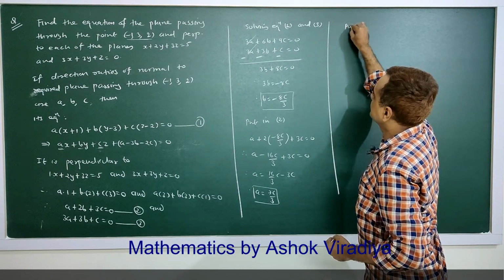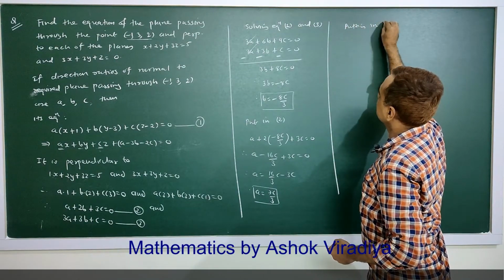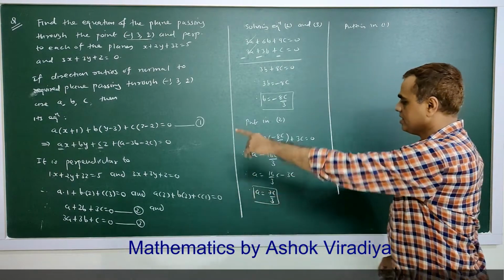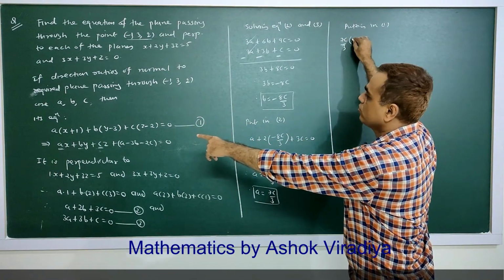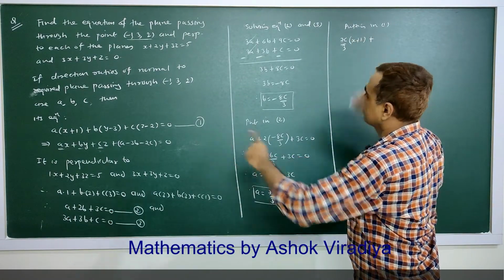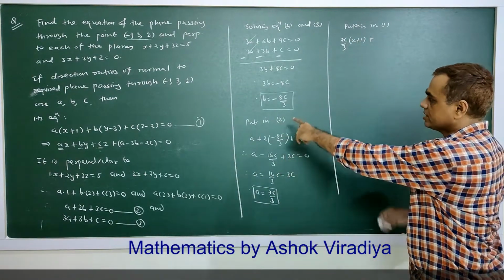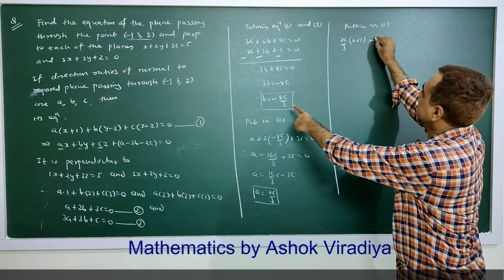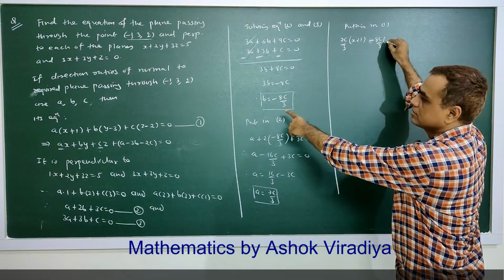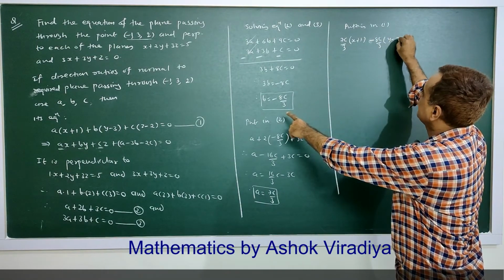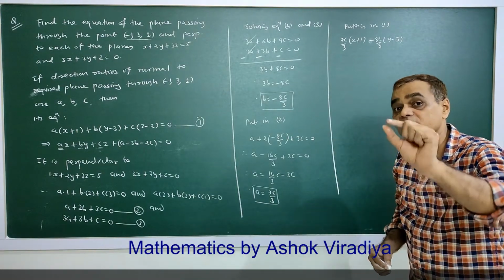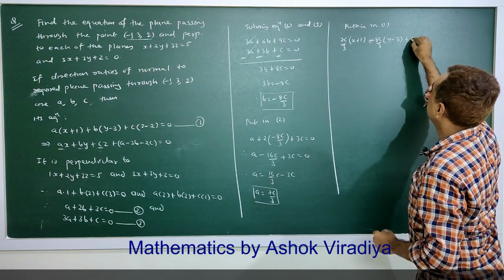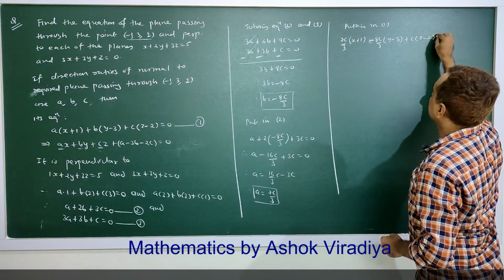So putting in 1, a is 7c by 3 into x plus 1, plus b is minus 8c by 3 into y minus 3, and c keep as it is, c into z minus 2 equal to 0.